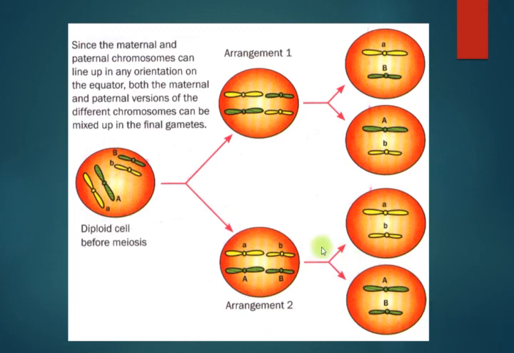So the diagram shows the law of independent assortment. I repeat, the law of independent assortment states that during the gamete formation, each allele from a pair of alleles can combine randomly with any allele from another pair of alleles. So it will produce different combinations of alleles in the gamete.